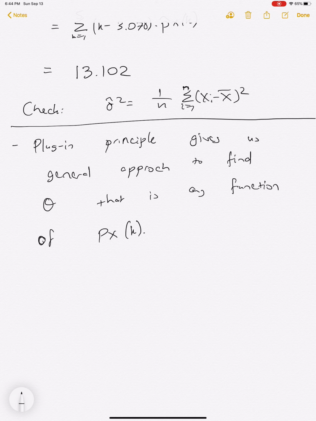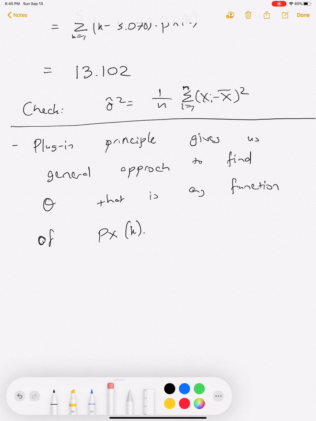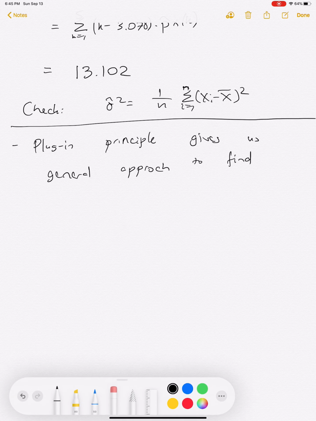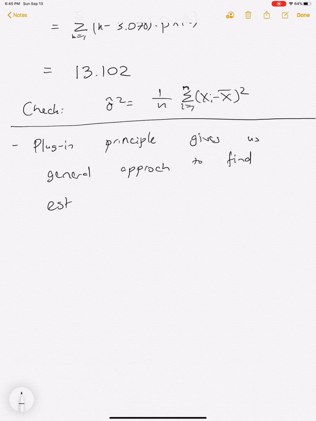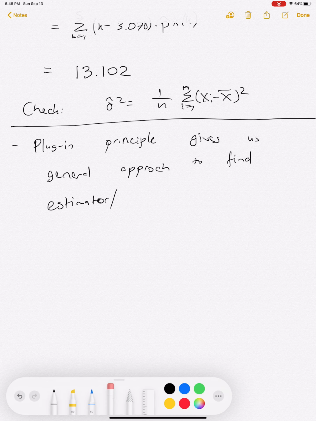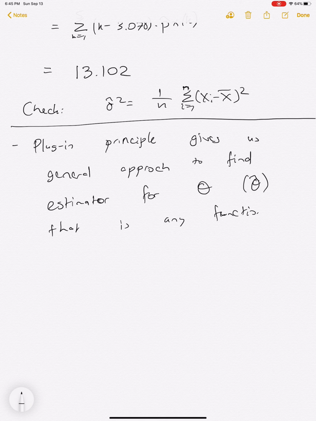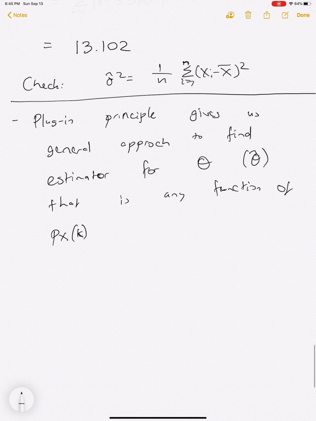So the plug-in principle is useful because it allows you to find an estimator, an estimate for theta, which we'll call theta hat, that is any function of p_X(k).